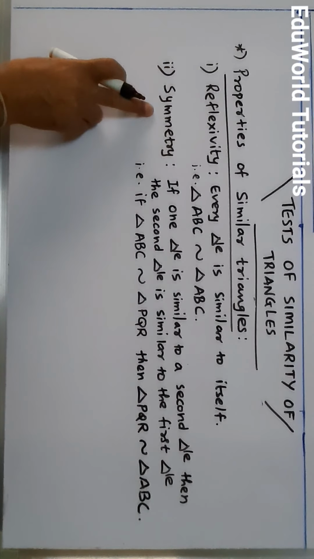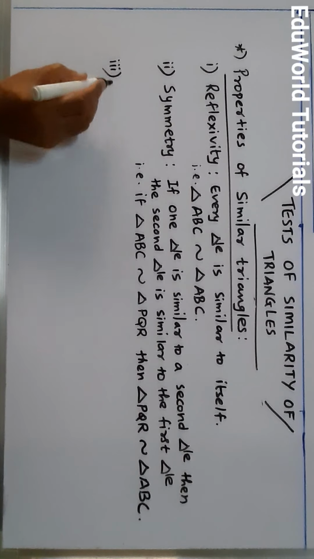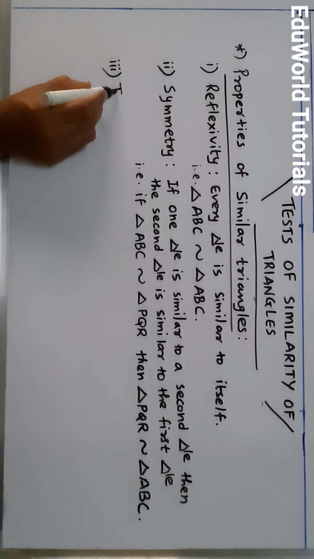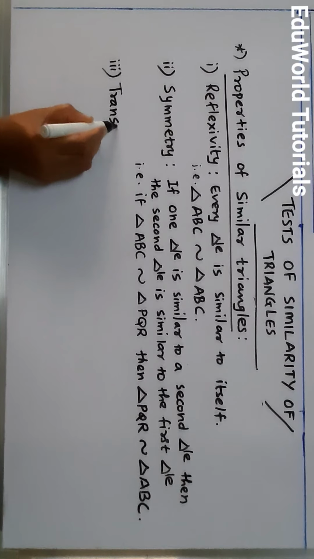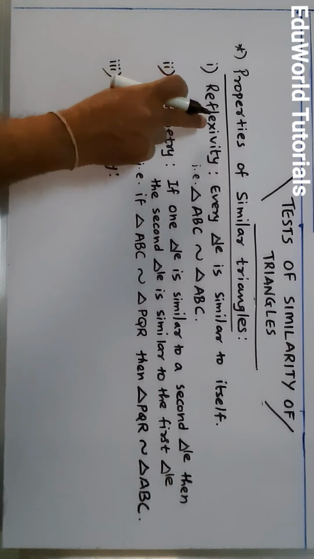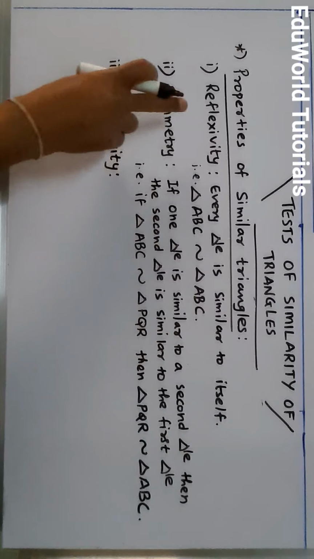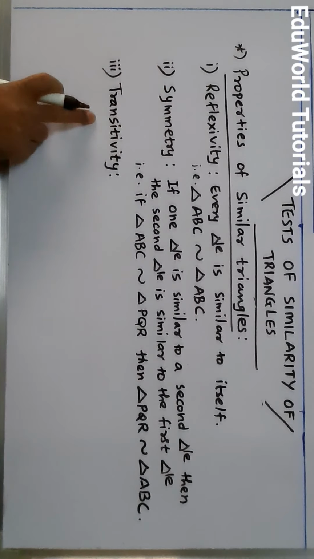Second property, symmetry. The words sound very familiar to you, right? Third word is transitivity. Now recall 9th standard, you had seen similar properties, but of congruent triangles: reflexivity, symmetry, and transitivity.